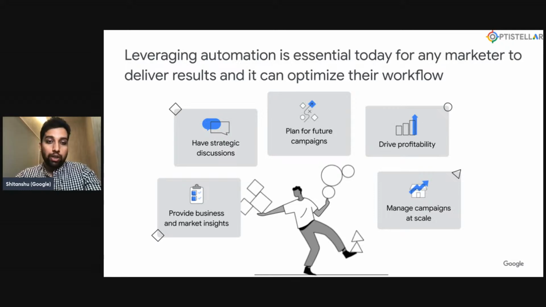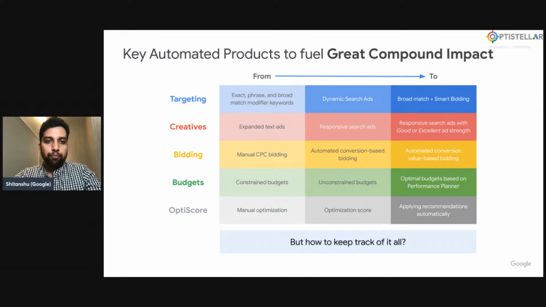You also have the pressure of driving profitability for the customer, and you also have to manage campaigns at scale. You're probably managing multiple clients, and all of them have multiple campaigns. So you have to toggle between all these expectations that are expected out of you.